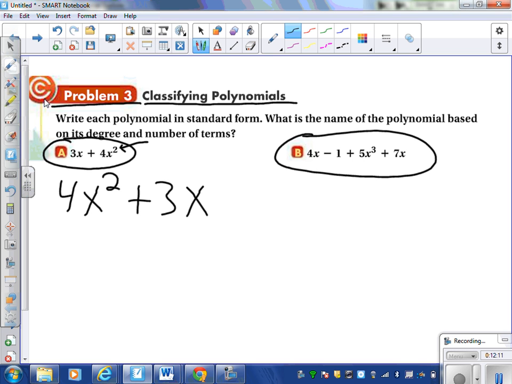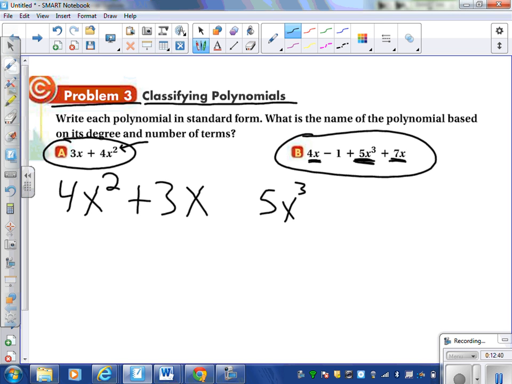The first thing you need to do is what? Look for the exponent with the biggest power. That would be 5x to the third power. So I would rewrite that first. 5x to the third power. Where is the other exponent? The next lower power, that would be 4x and 7x.